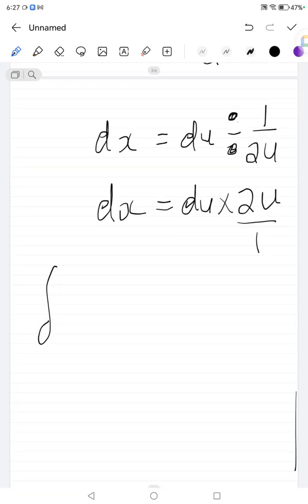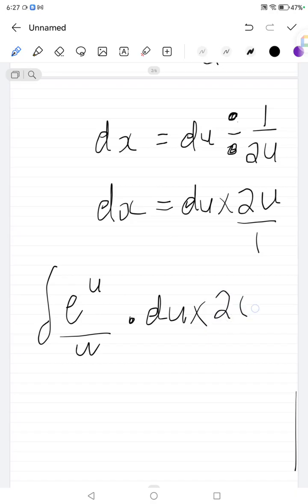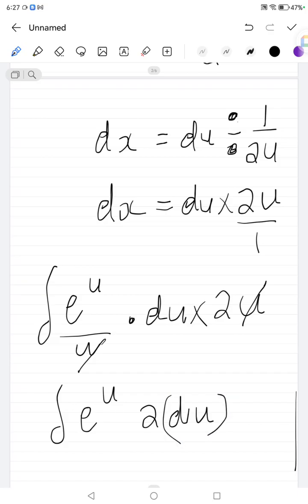Now what do you have? Remember, you're going to have e to the exponent u over root of u. Then where you see dx, you multiply by du times 2u, and this is going to cancel this. Now you're left with e to the exponent u times 2 du.